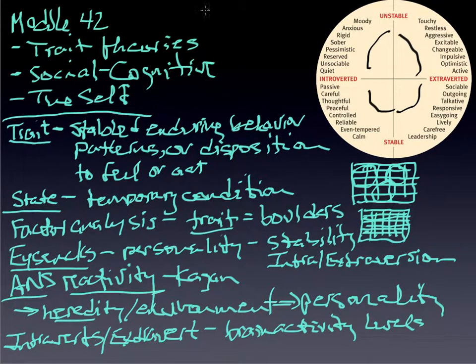Now, the other way of discerning traits would be through a variety of testing devices, and one that you probably are fairly familiar with is the MBTI, or the Myers-Briggs Type Indicator. And what these guys did was they divided people up into personality types according to Jung's categories. And remember, we talked about Carl Jung in the last video when we were talking about Neo-Freudians.